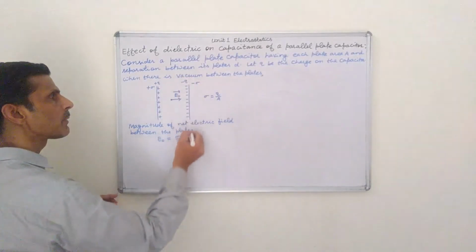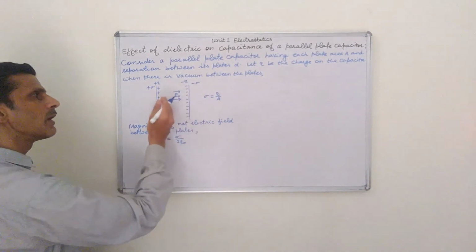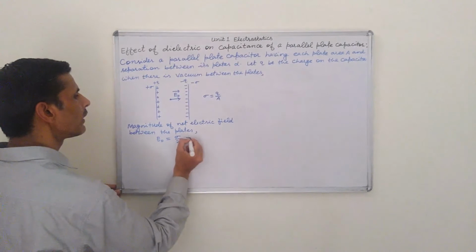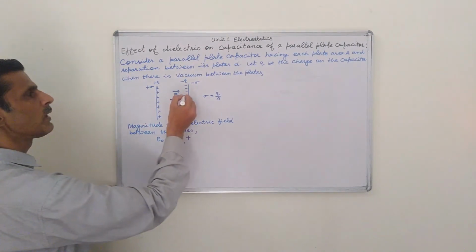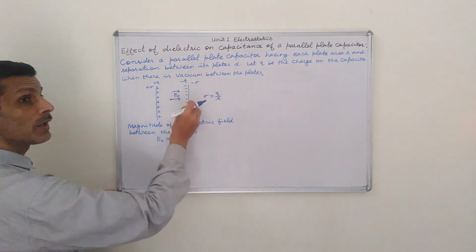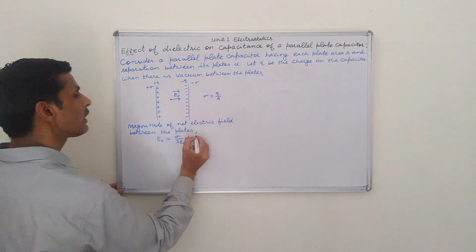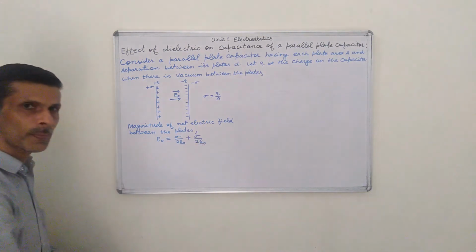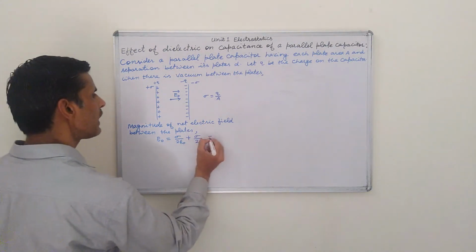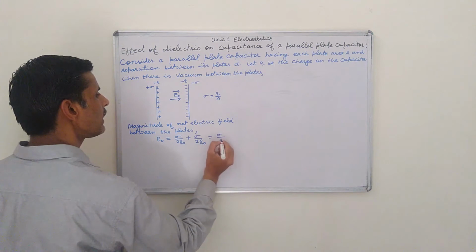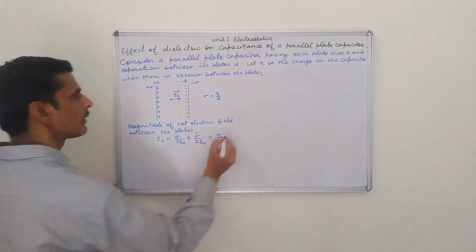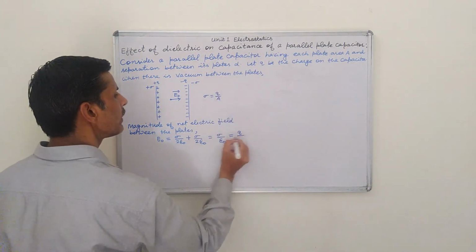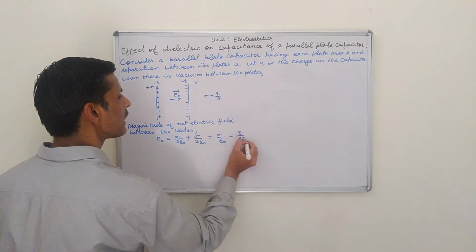Due to this negative plate, electric field, it is also directed left to right, and magnitude of electric field due to negative plate at this point, it is also sigma upon 2 epsilon naught. So net field, it is sigma upon epsilon naught. Sigma is equal to Q upon A, so it becomes Q upon A epsilon naught.